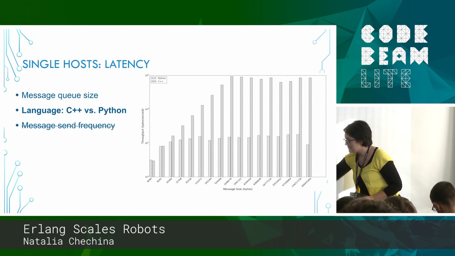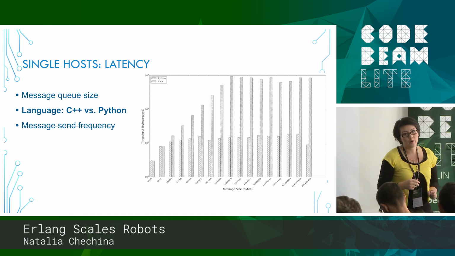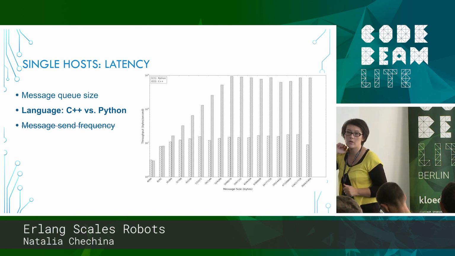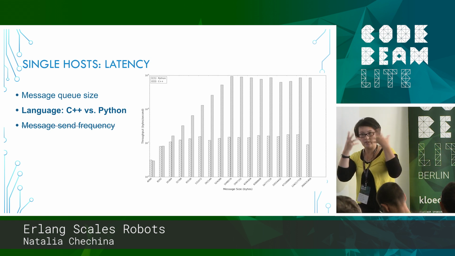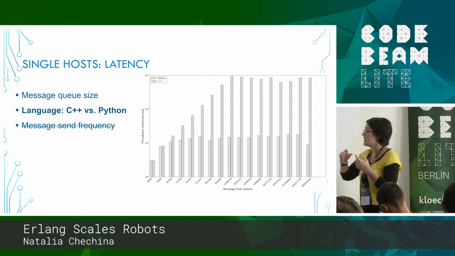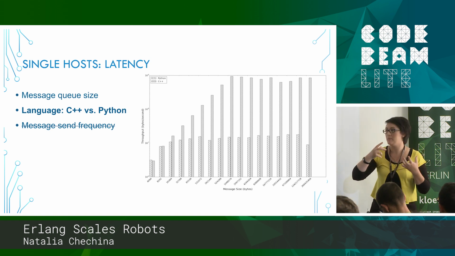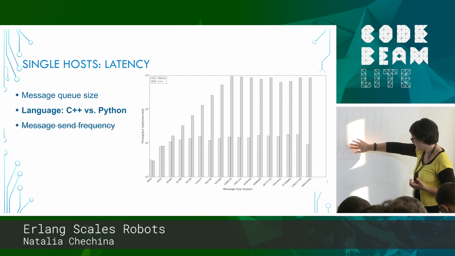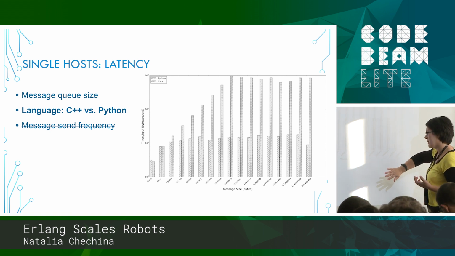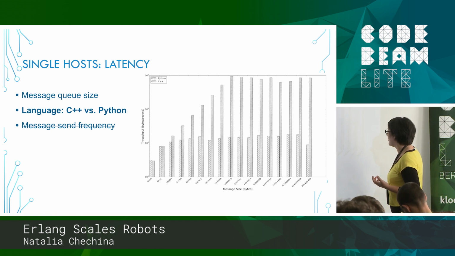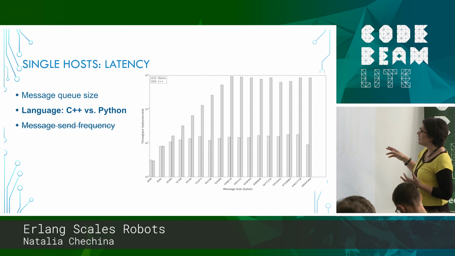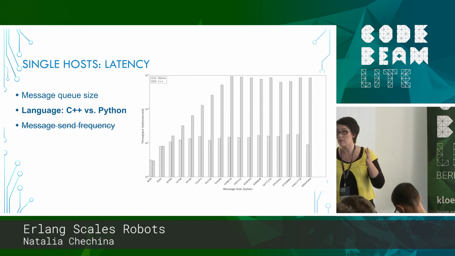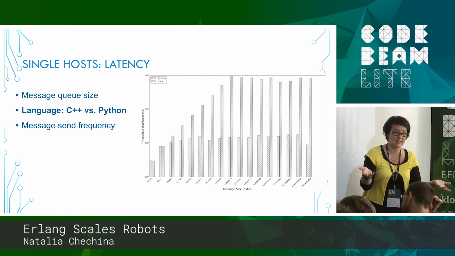The thing is that if you work on a small message size, for example, you work with sensor data, not videos or voice, but sensor data like distance, temperature, this kind of messages, then up to 4 kilobyte messages, it doesn't matter which library you use, which language you use. You can use Python and see the performance is just the same.